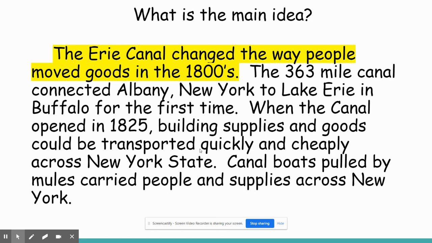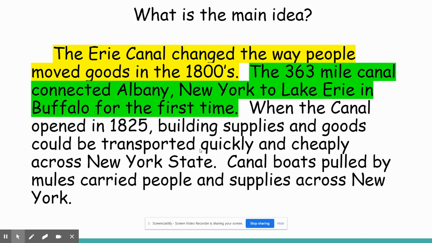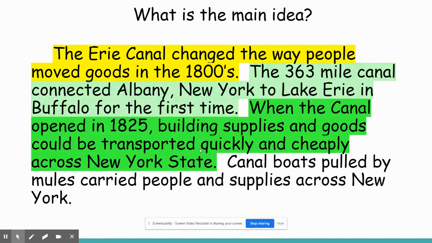The next sentence: the 363-mile canal connected Albany, New York to Lake Erie in Buffalo for the first time. Is it telling you about a change? How it changed the way people moved goods. Yes, that's a detail for our main idea. How about this second sentence?